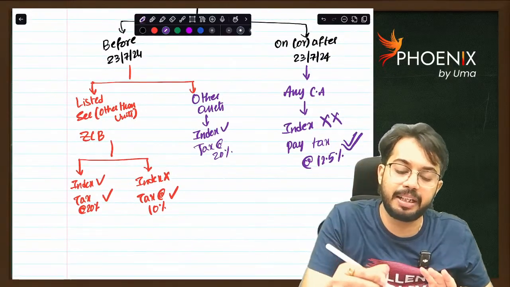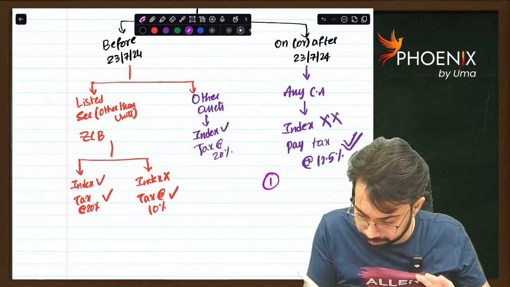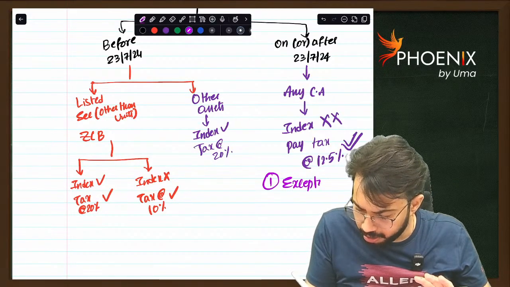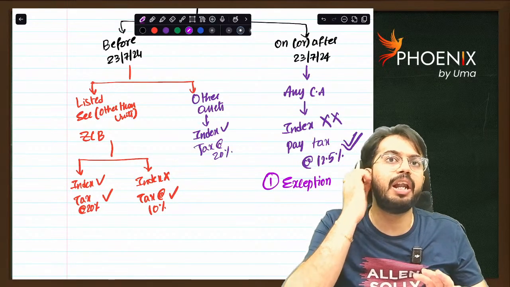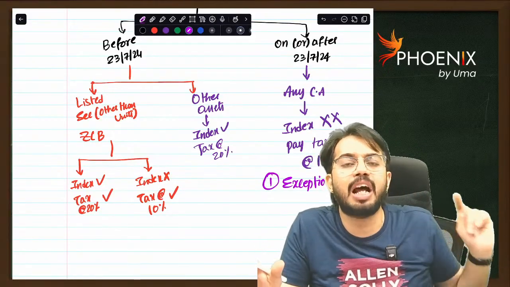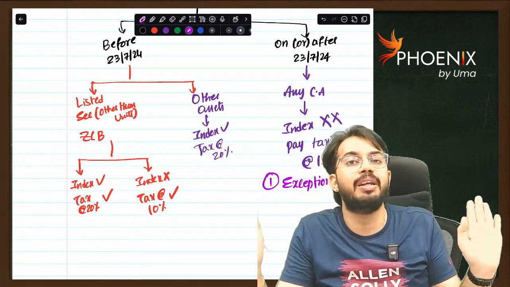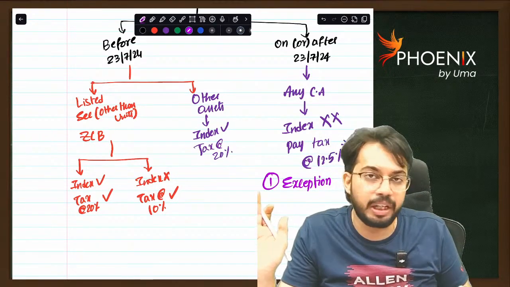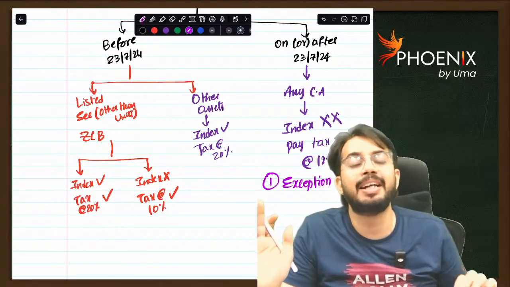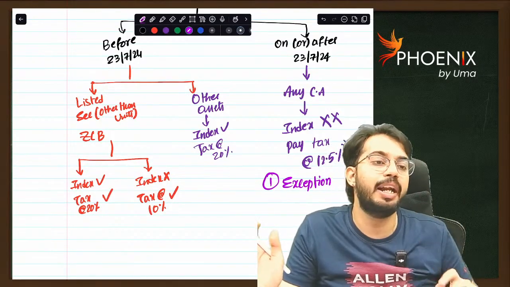But there is one exception. So we can conclude that on or after 23rd July 2024, if there is a transfer of any long-term capital asset, indexation benefit is not available and you are required to pay tax at the rate of 12.5%. Only in one situation, indexation benefit is available.